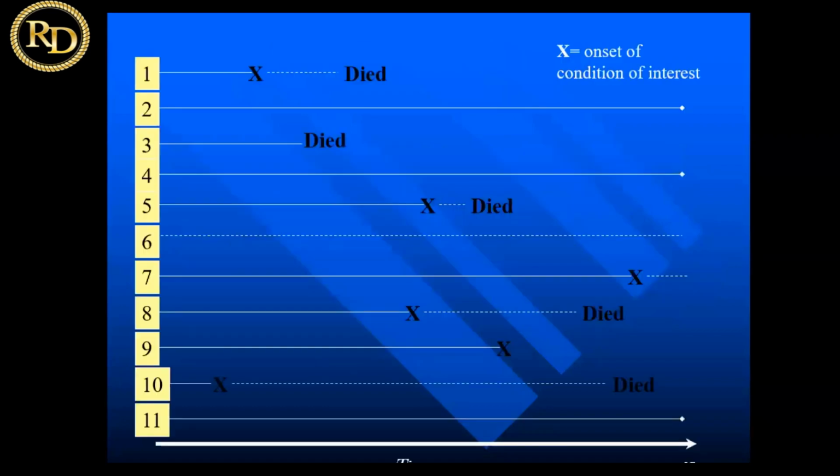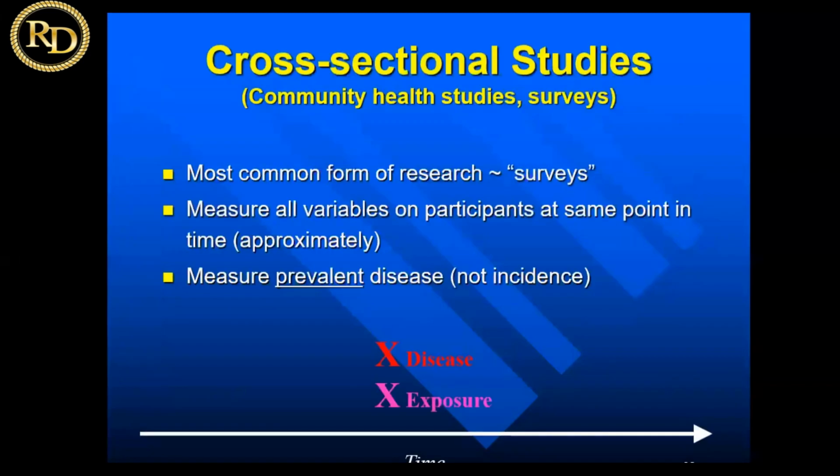Here are the strengths. Here you can say onset of disease, here they have died. What we are doing is looking at the onset of the condition of interest. How many have died within the time frame, at 1 week or 2 weeks or 3 weeks? This is just a vague diagram which I'm trying to show here. How many have died at this kind of weeks and how many have died at one kind of time.